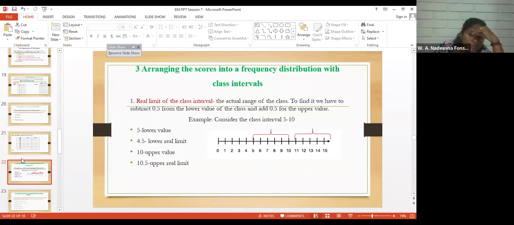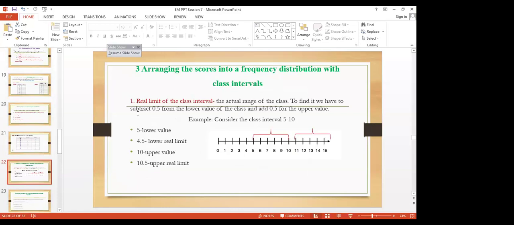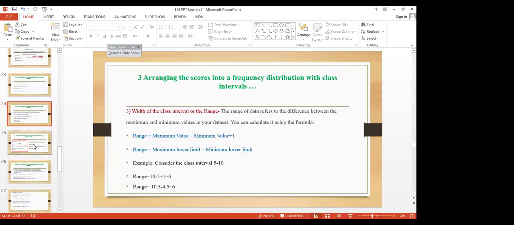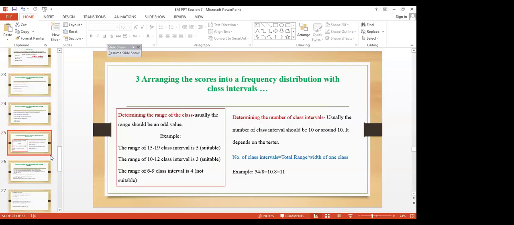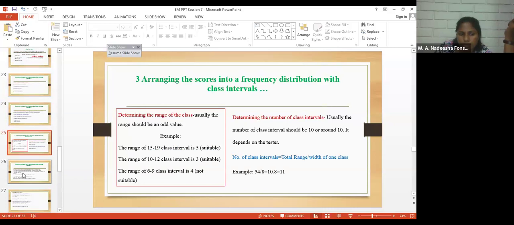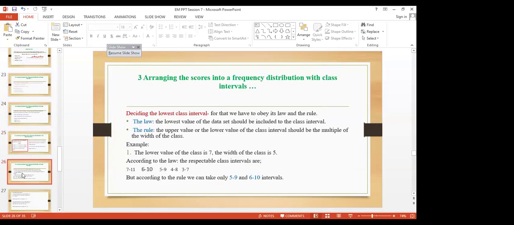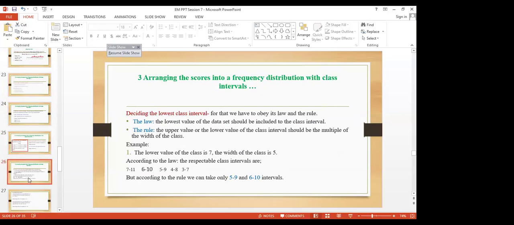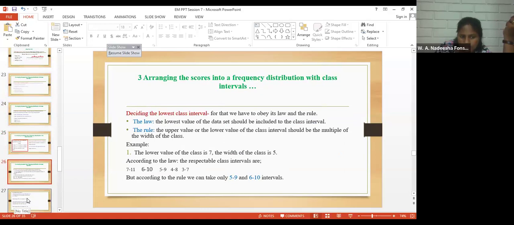In order to calculate a frequency distribution with class intervals, we have to consider the real limit, then the midpoint, then the width, the range of the class, then the minimum class interval, and according to the rule, we have to decide the lowest class interval.